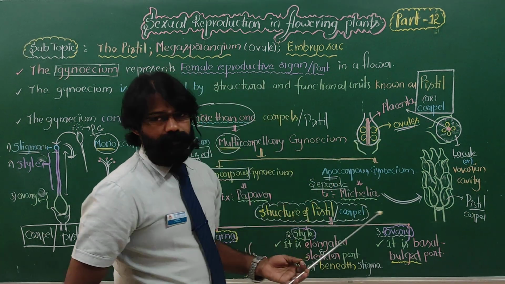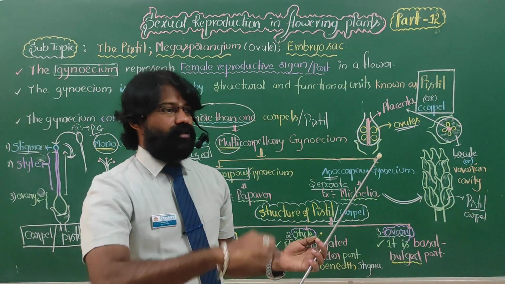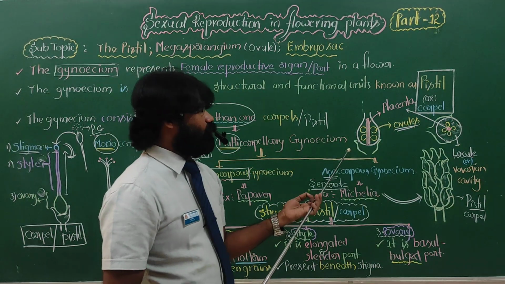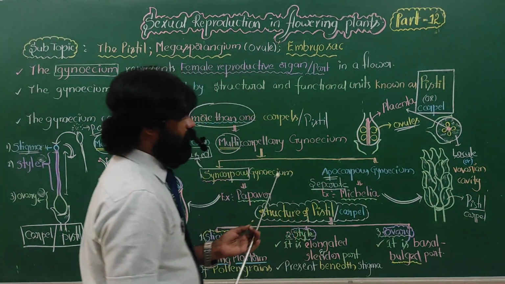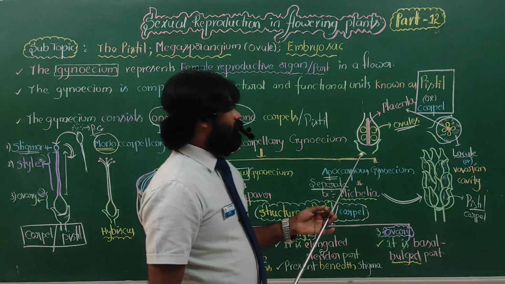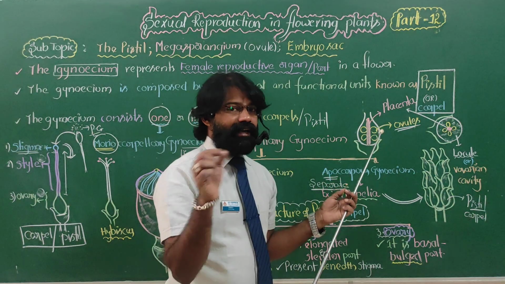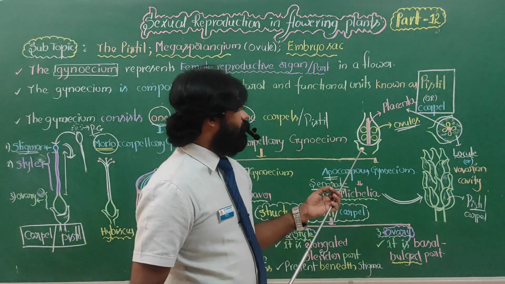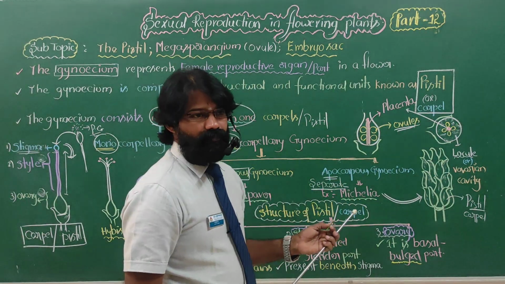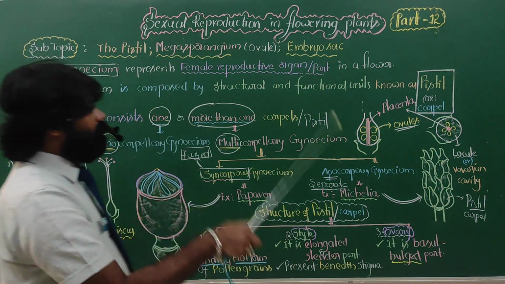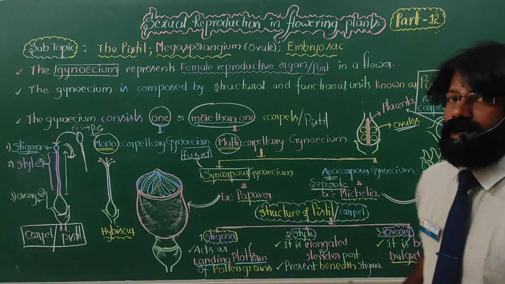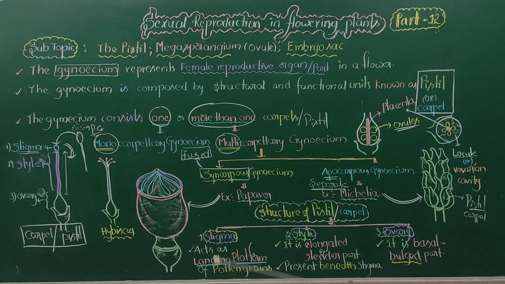Based on the attachment of the ovules, the placenta may be marginal or whatever. In the first year we learned about the different kinds of placentation. What is placentation? The nature of attachment of ovules on the placenta is nothing but placentation. Everyone should know this is a very small synopsis, so try to know the points important for competitive examinations.